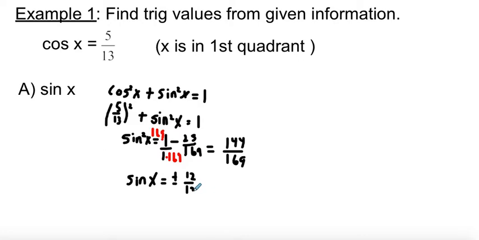So we get plus or minus 12/13. But really, since x is in the first quadrant, we know the sine in the first quadrant has to be positive. So the sine of x that we're trying to find here is 12/13.